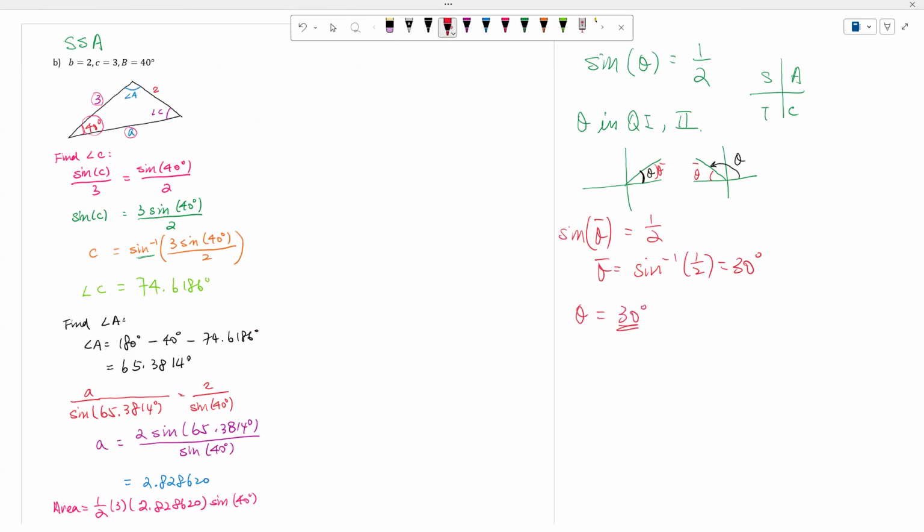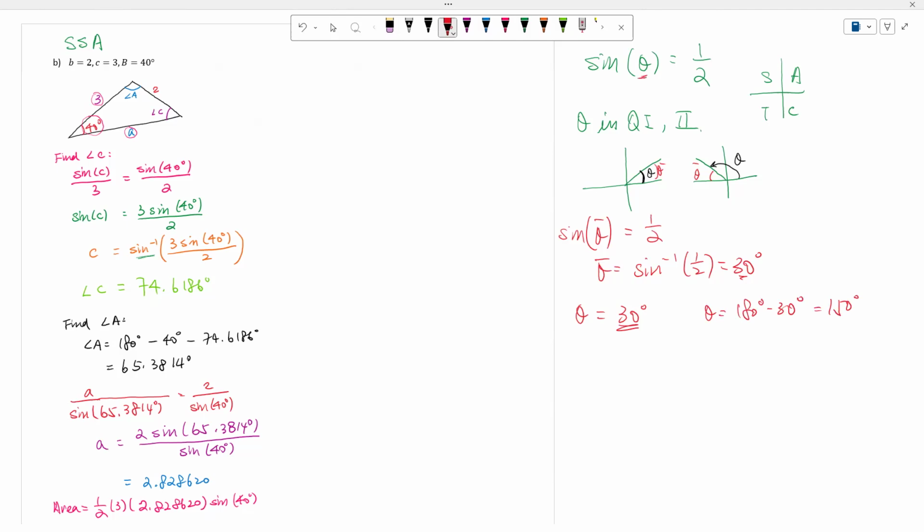This angle right here is the one that you get from the calculator, or we use the table. However, you also have the angle in quadrant 2. So sine of 30 degrees equals sine of 150 degrees, which equals 1/2.